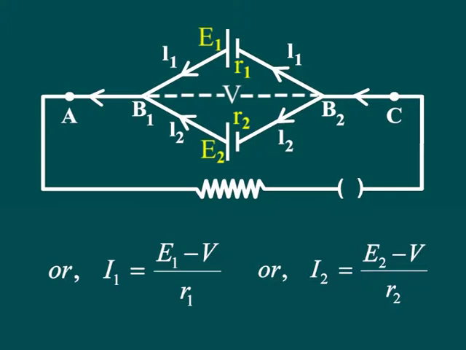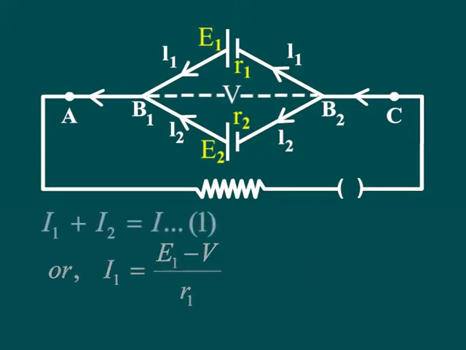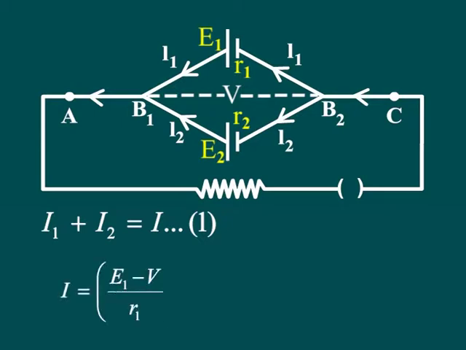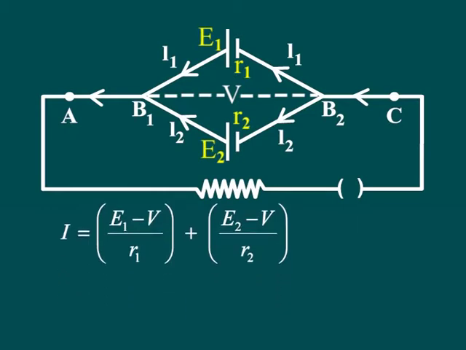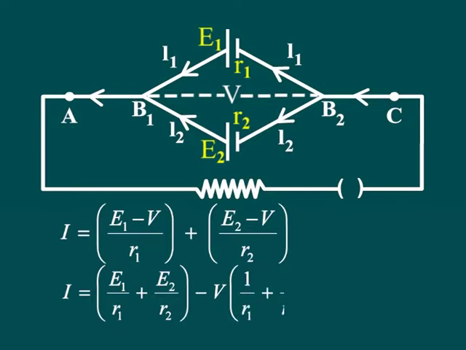Putting values of I1 and I2 in equation 1, we get I equal to (E1 minus V) upon R1 plus (E2 minus V) upon R2. This is equal to I equal to E1 by R1 plus E2 by R2 minus V into (1 by R1 plus 1 by R2).